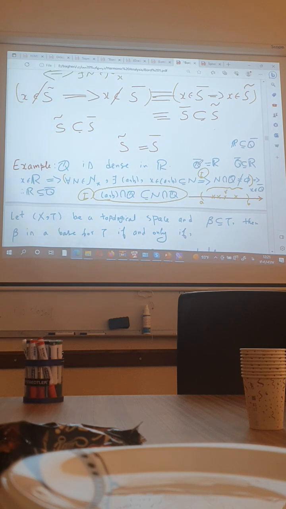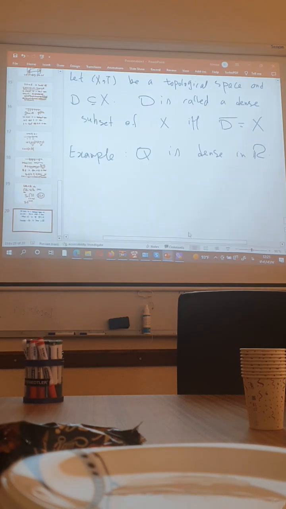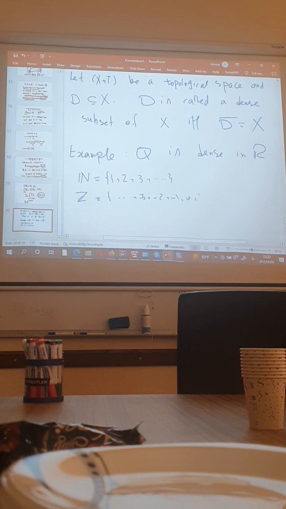You know that in the real line we have the natural numbers, and the integer numbers: -3, -2, -1, 0, 1, 2, 3, infinite. And this is the set of all rational numbers.